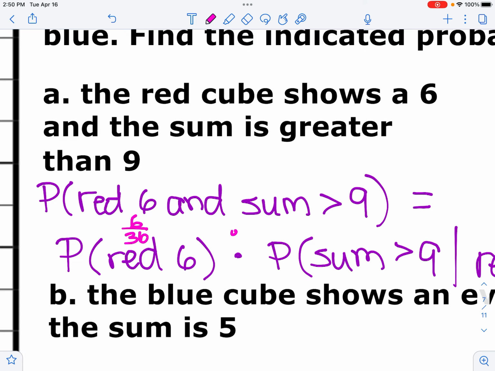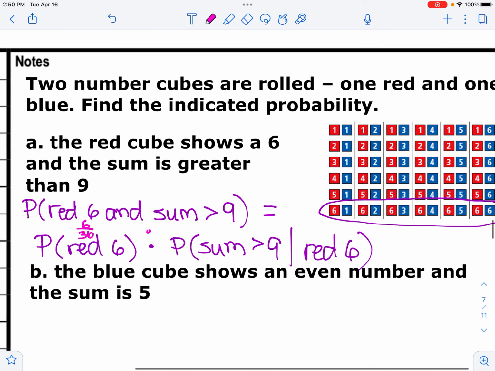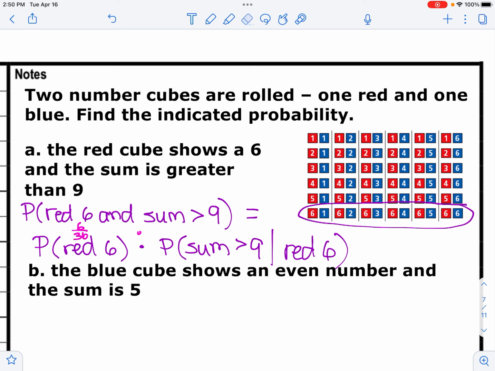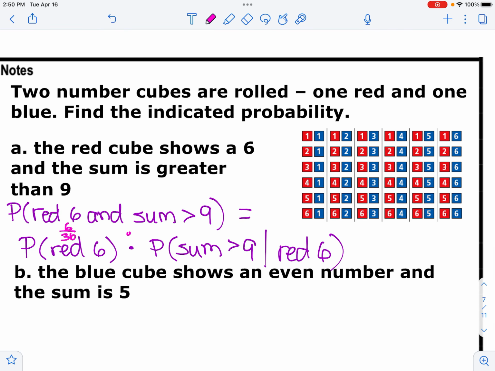And I want to multiply that by, okay, now it says the probability that the sum is greater than 9, but the red 6 has already happened. So that means I have to only look at this row because these are the only ones that have a red 6. We're assuming that that has already happened.